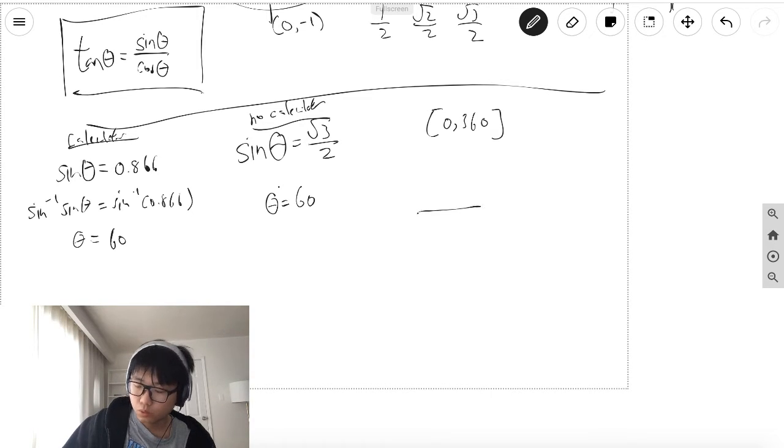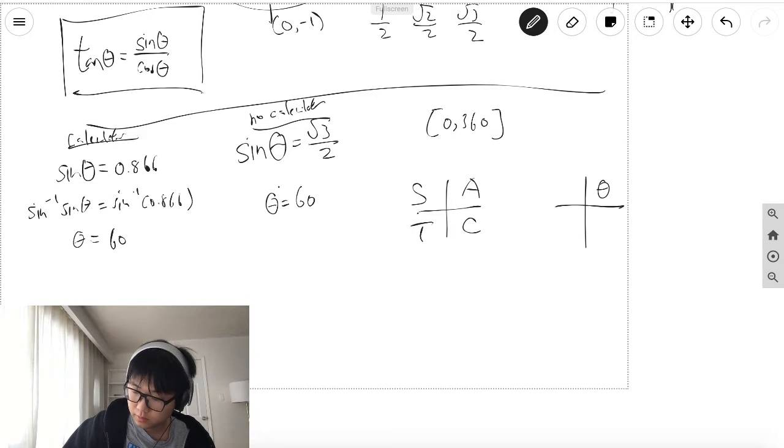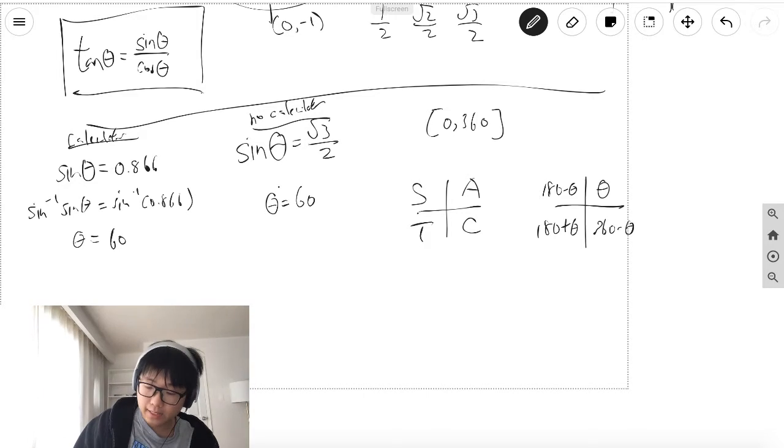Recall that I gave you the shortcut for CAST. If you don't remember the unit circle, if there's one thing you should remember, it's CAST, and you should also remember the names of them: theta, 180 minus theta, 180 plus theta, and 360 minus theta. How do I use this CAST in this case?